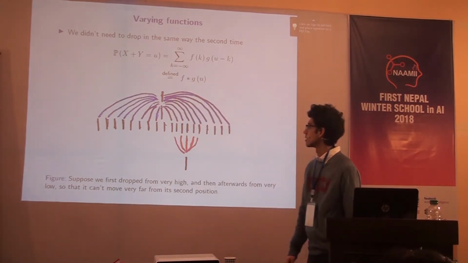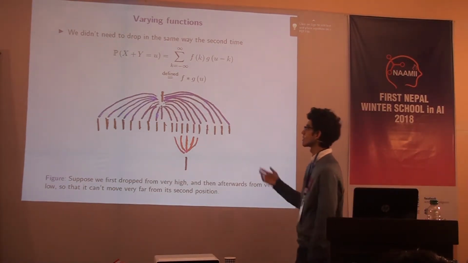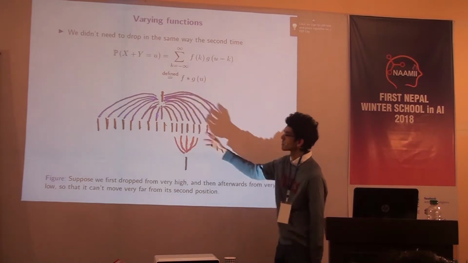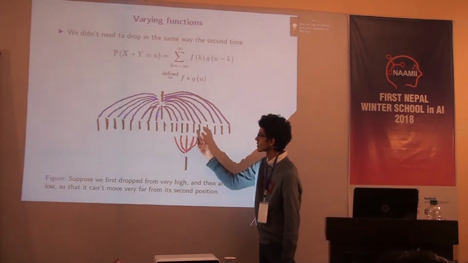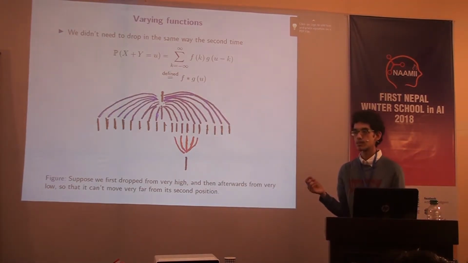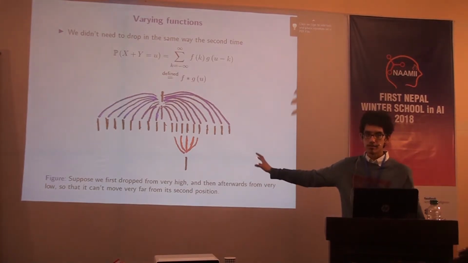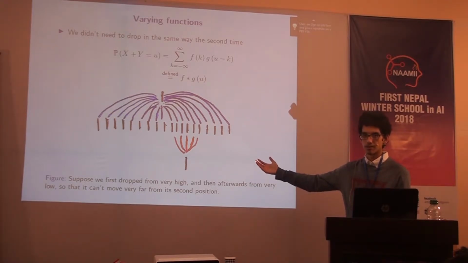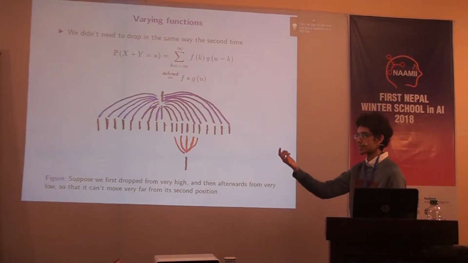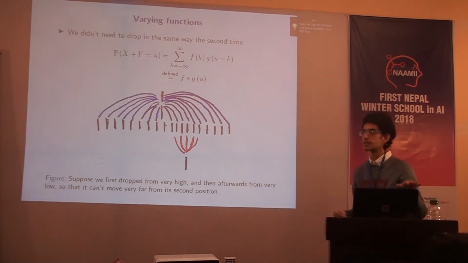Geometrically, my first f function could have gone to all of these possible places, and then the second one maybe only moves a little bit from that first place, because the second time around I drop it from a very small place. If you're already familiar with CNNs, then this is already looking like a convolutional neural network, because I'm translating all these smaller filters across a very big function, but we'll get there.